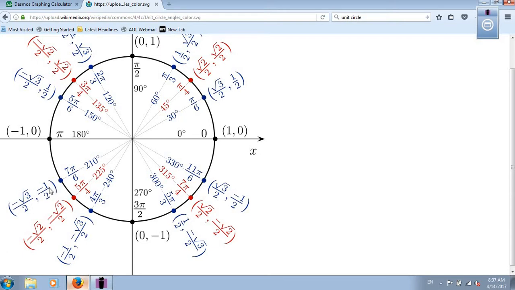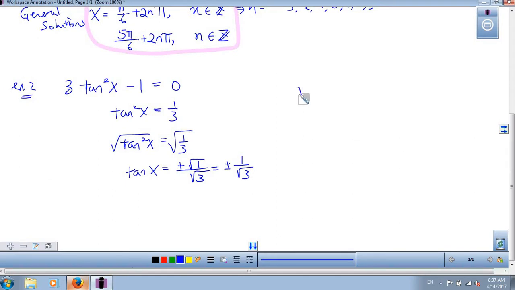So you divide them, it will get you positive 1 over square root 3, and the last one is 11 pi over 6. Okay, so x will be equal to pi over 6, 5 pi over 6, 7 pi over 6 and 11 pi over 6 if x is within 0 and 2 pi.